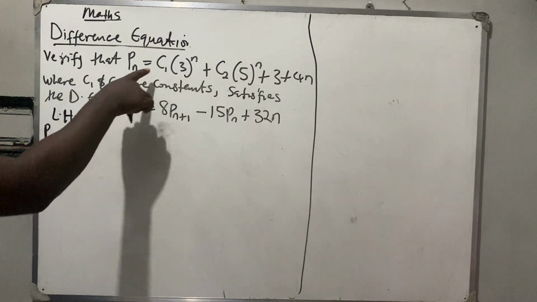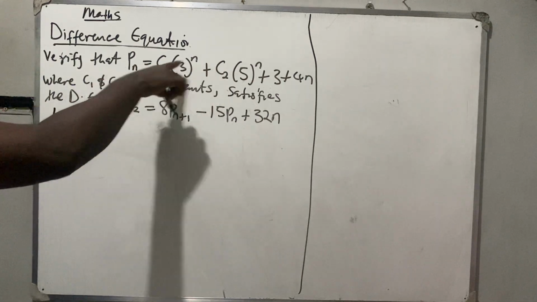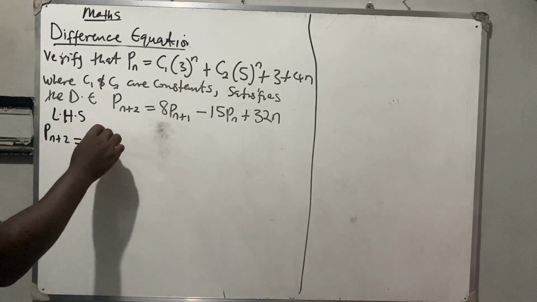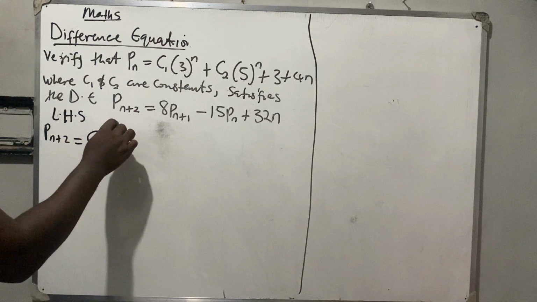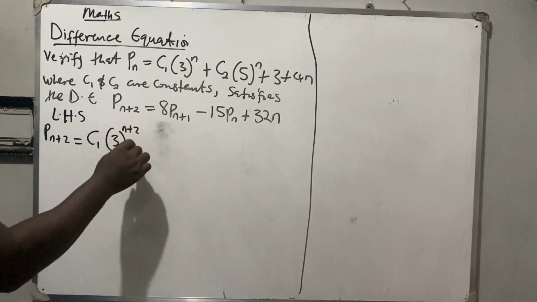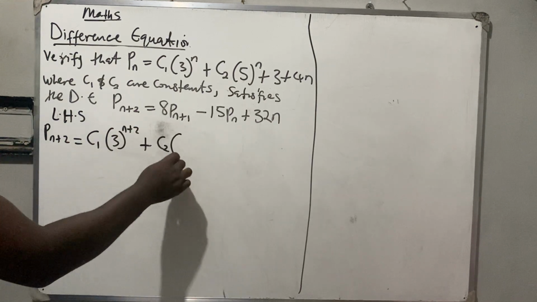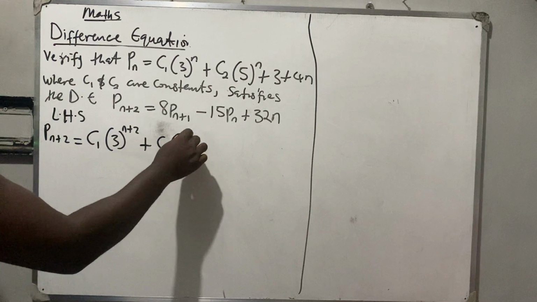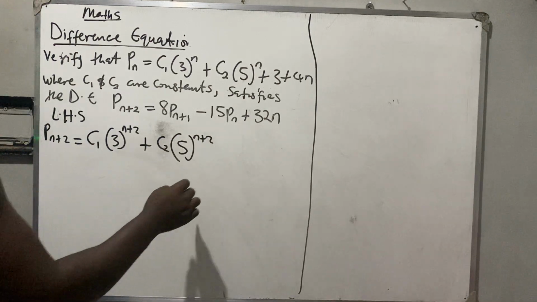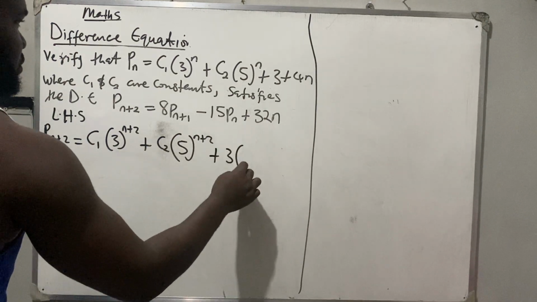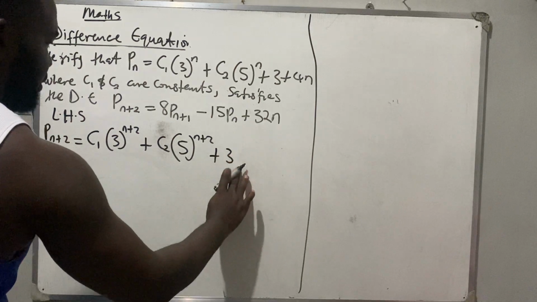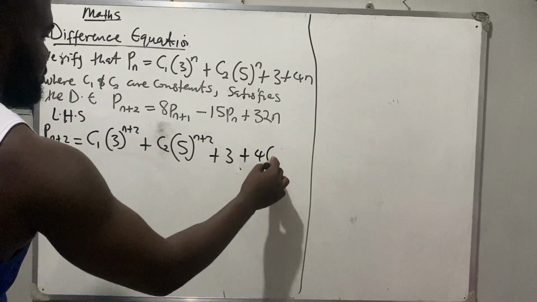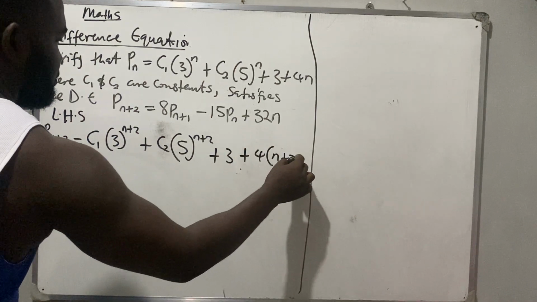And our P_(n+2) is anywhere we see n here, we'll say n plus 2. That is C1 into 3 raised to power n plus 2 plus C2 into 5 raised to power n plus 2. Okay? Then plus 3 plus 4 into n plus 2.